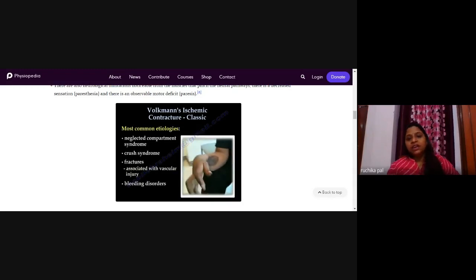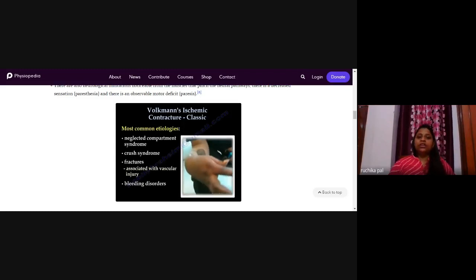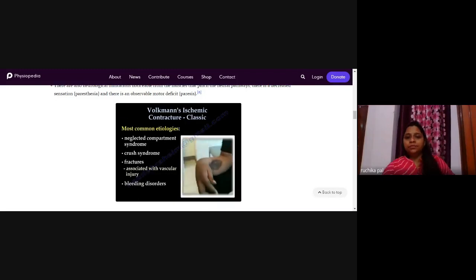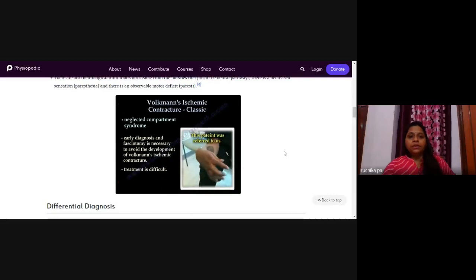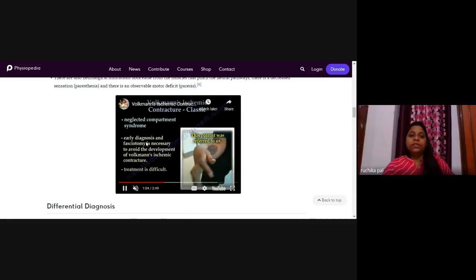As you can see, neglected compartment syndrome, crush syndrome, fractures associated with vascular injury, and bleeding disorders are also causes. Early diagnosis and fasciotomy are necessary to avoid the development of VIC. Treatment is difficult at this stage.